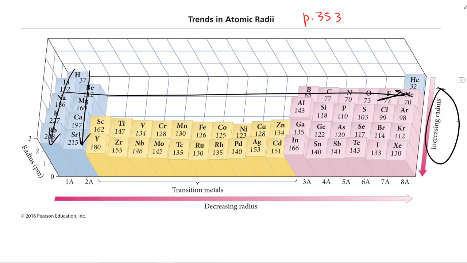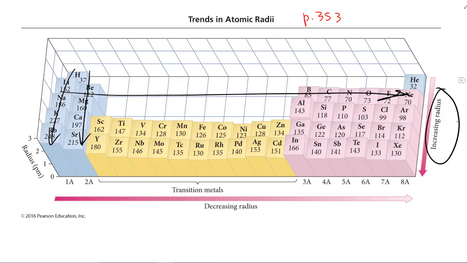And so those repulsions kind of counteract the effective nuclear charge and tend to push things back out. So again, the main explanation as we go across from left to right is that the effective nuclear charge increases, but we also have the competing repulsions that take place from simply packing more electrons into a given energy level.